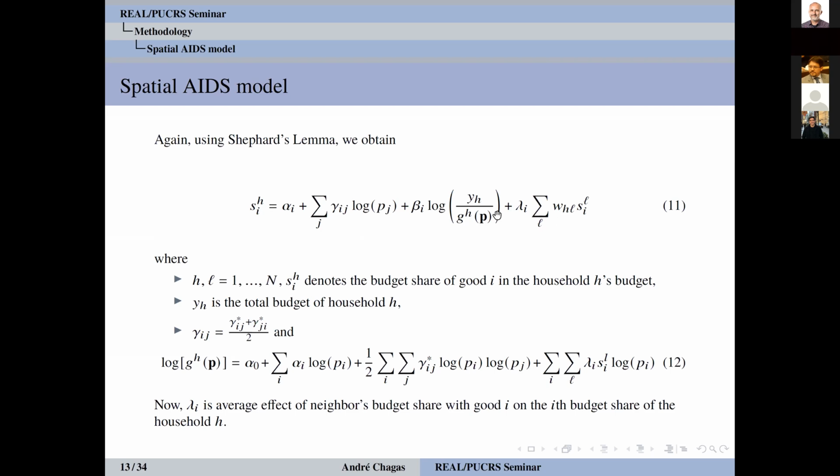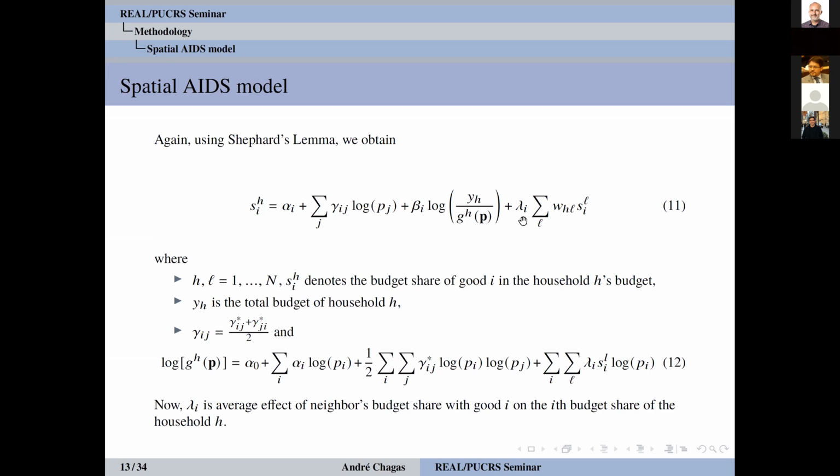Okay, and we have an additional coefficient, not only looking to price or income, but also to the share of the neighborhood in this equation. And lambda represents the impact of change in the share consumption of the neighbors on the share of consumption of the household.